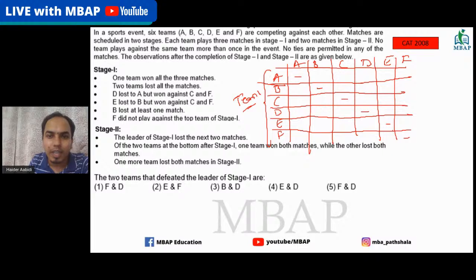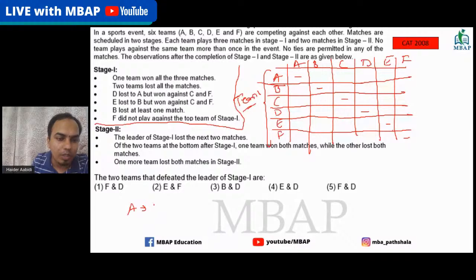So A versus... now I know that A has won all the matches. What I'm doing right now is putting whatever data I had in stage number one into the points table, and I know that A has won all three matches, and C and F are the ones who have lost all three matches.